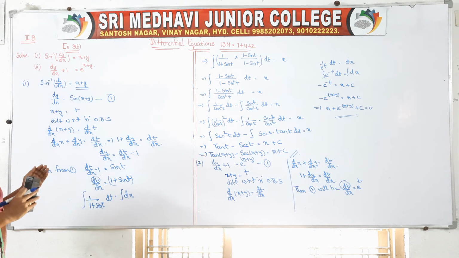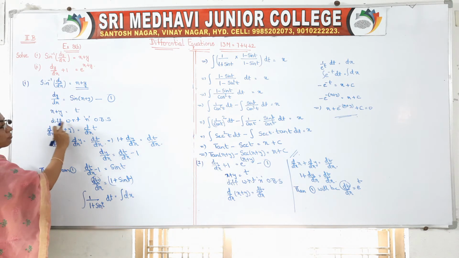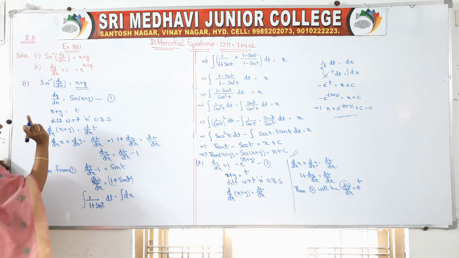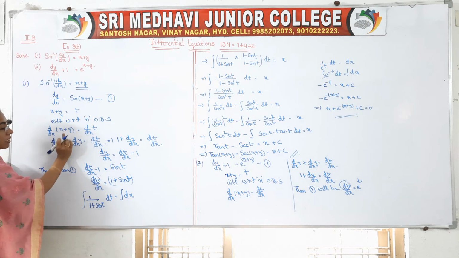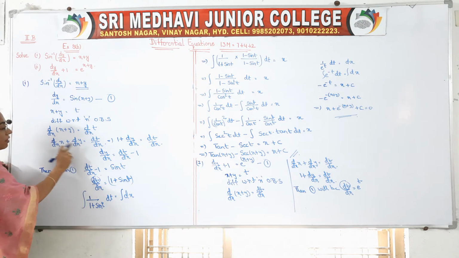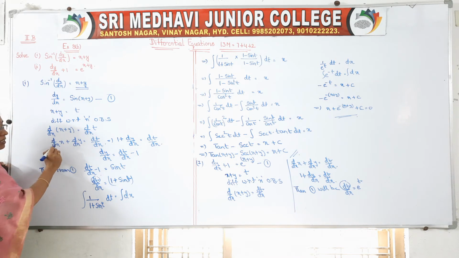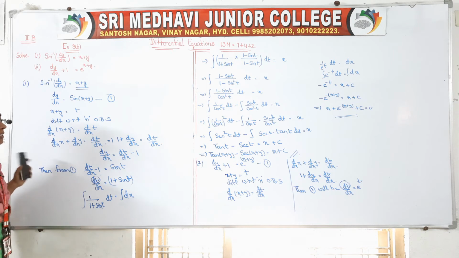After taking that, you have to differentiate with respect to x on both sides. Inside the derivative, plus is there, so we take separate derivatives: d by dx of x plus d by dx of y. d by dx of x is 1, plus dy by dx is equal to dt by dx.